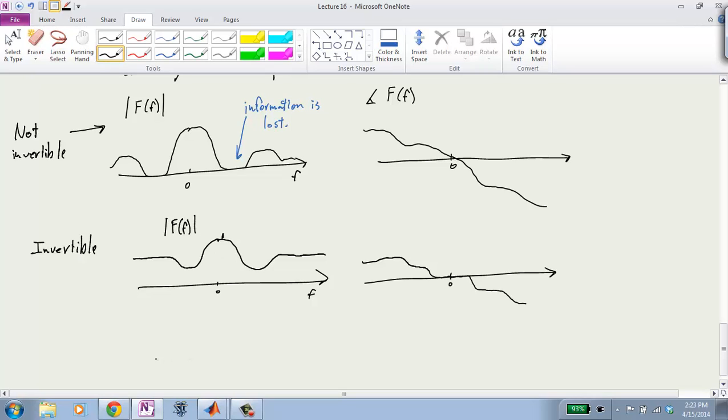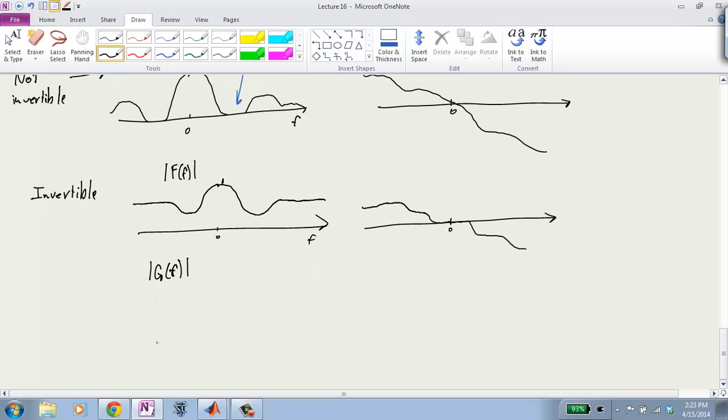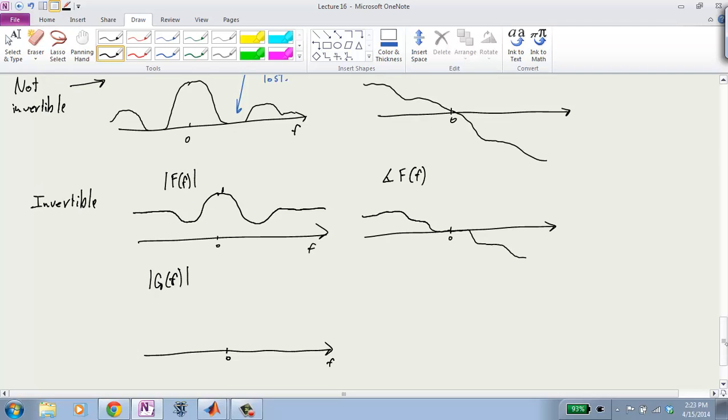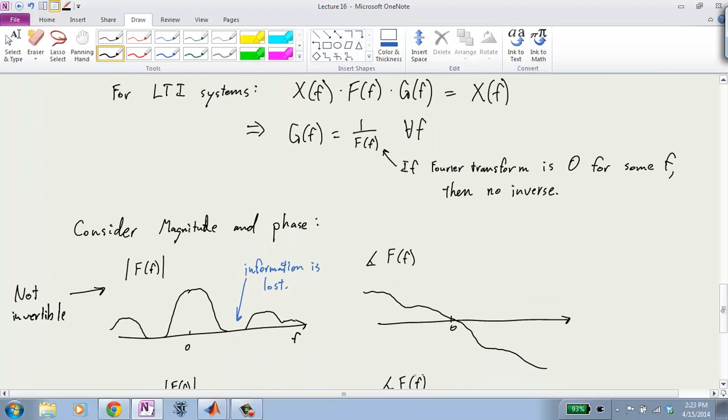Is someone daring enough to come draw what G, the inverse, will look like based on magnitude and phase? So I've given you F here. I'm wondering if you are able to do this computation at least conceptually, do this inverse in magnitude and phase. Okay, yes?